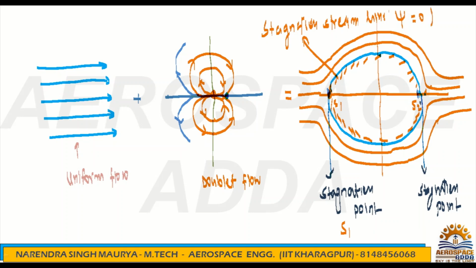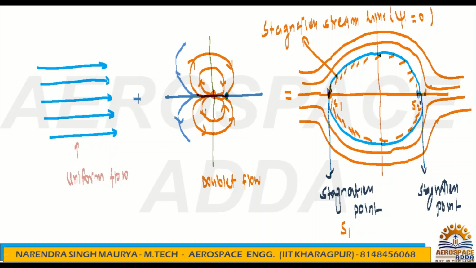I will show you why. Psi is nothing but the stream function, and the change of stream function, psi2 minus psi1, I had explained already. The existence of the stream function means there is a possible flow. But for this blue line, there is no possible flow across it.